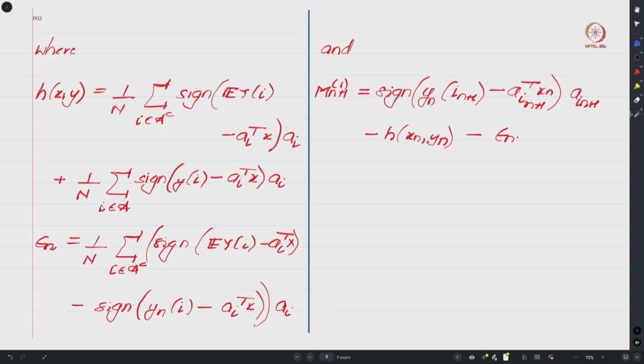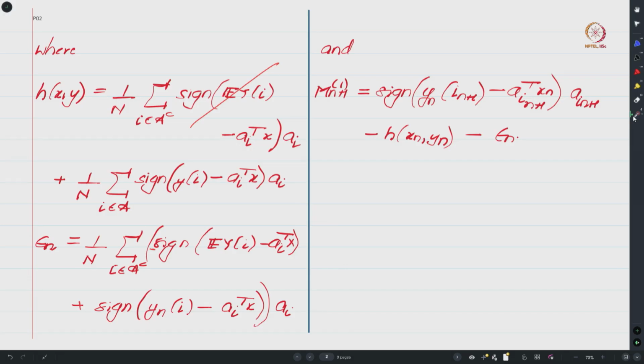However, the update rule does not have h(x_n, y_n); instead it has this expression. So what we do is add and subtract things that are not present in the original update, and towards that we first introduce this epsilon_n, where we look at the set of non adversaries, and wherever expected value of y is there, we try to replace it with y_n and subtract it. I think there is a sign issue here. When I add epsilon_n to this term, this term should cancel off, and to enable this I think I should have a minus here and a plus here, sorry about that.